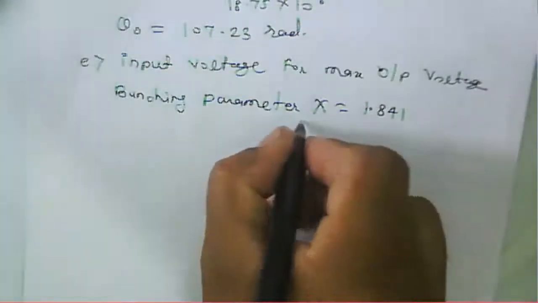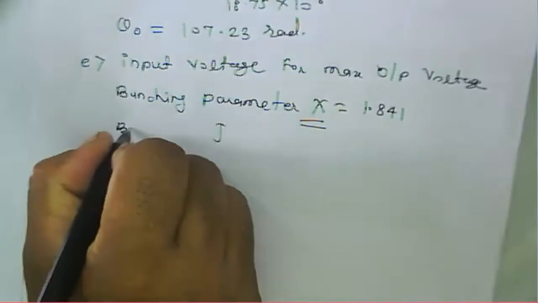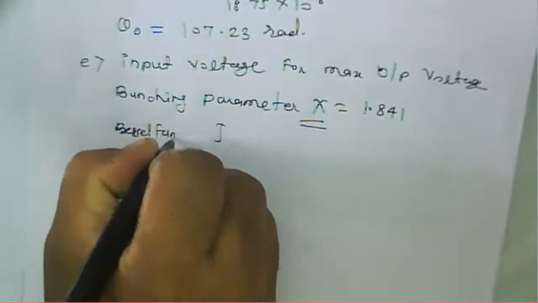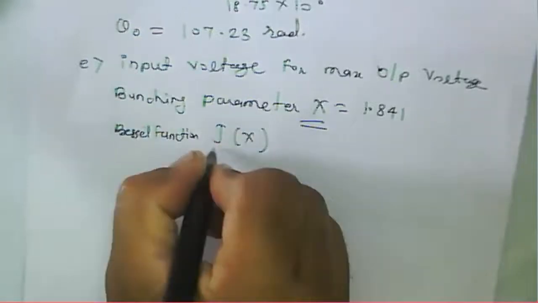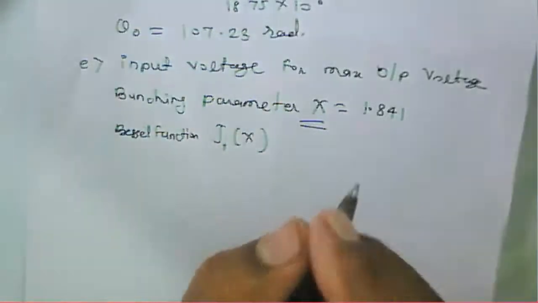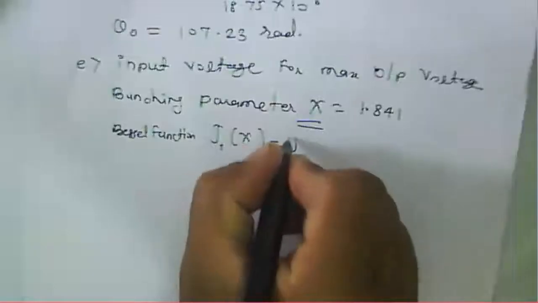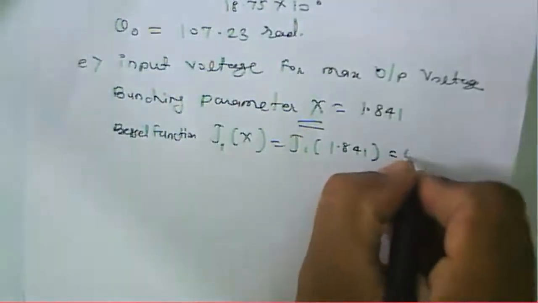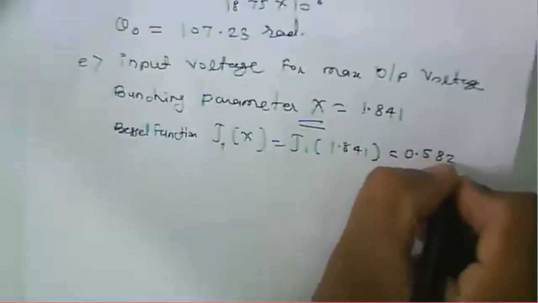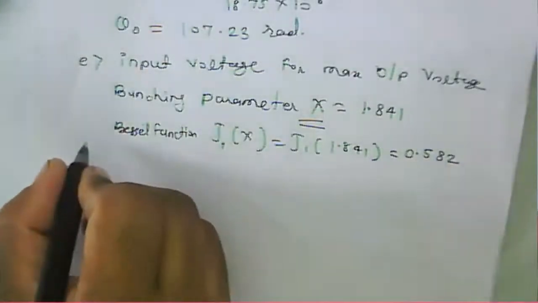And at this bunching parameter value, the Bessel function J1 of x, J1 of 1.841, is 0.582.